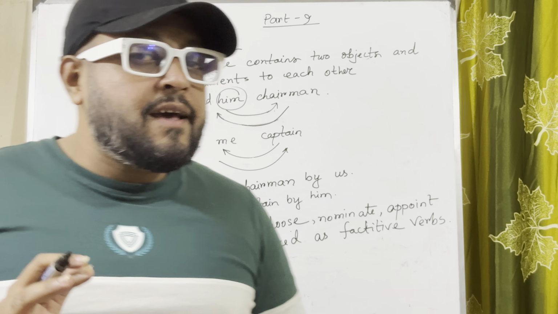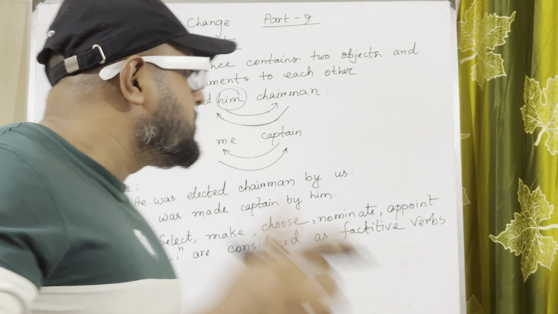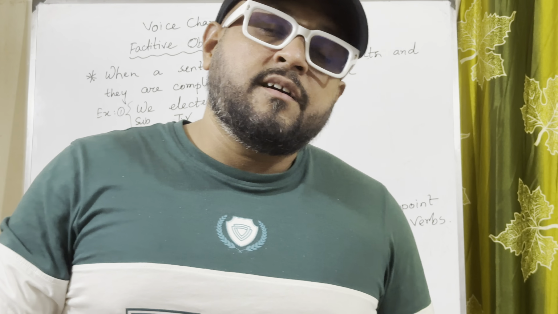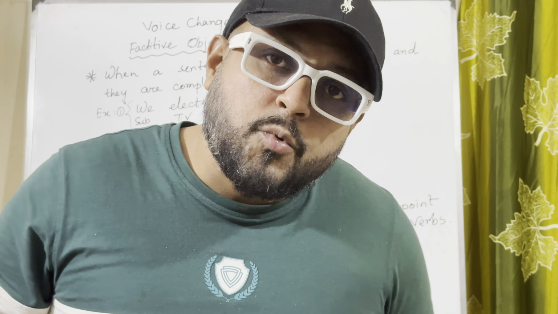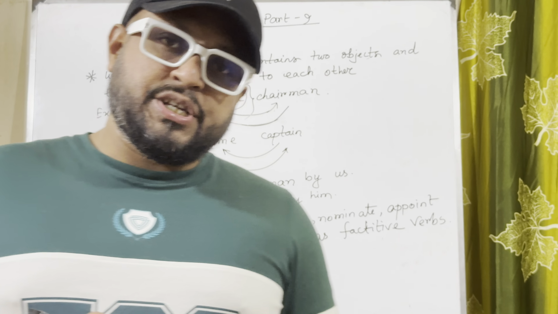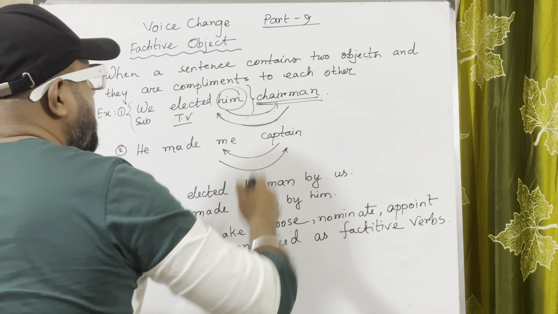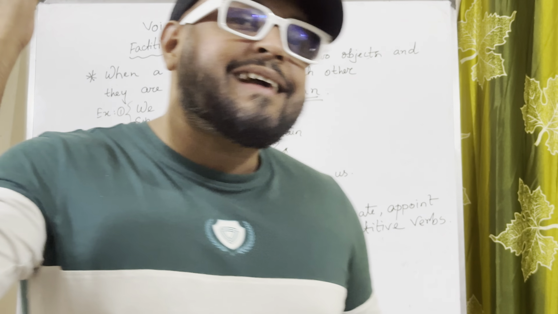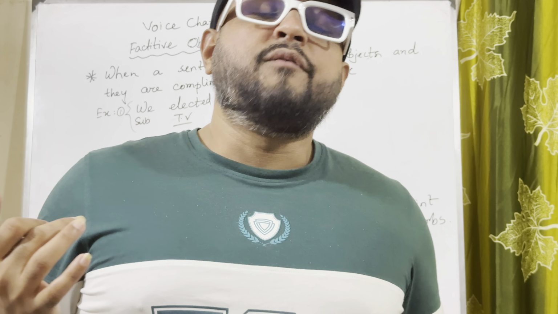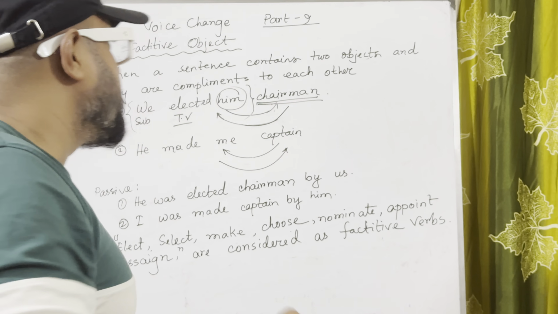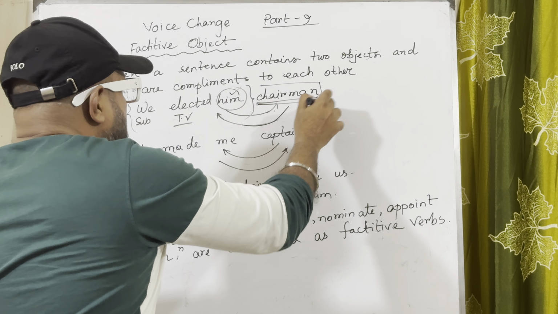But the problem is here, up to this portion, the idea is not giving the necessary amount of information. And that is the reason we need to add another object, chairman, so that the listener can get the total information. So we added another object after our object him, and that's chairman.